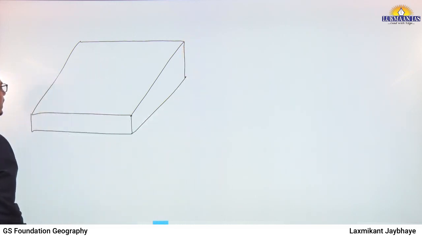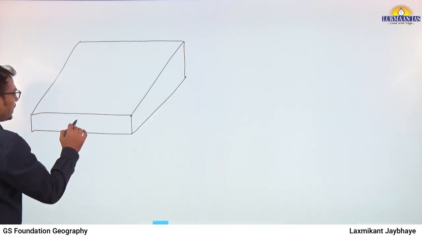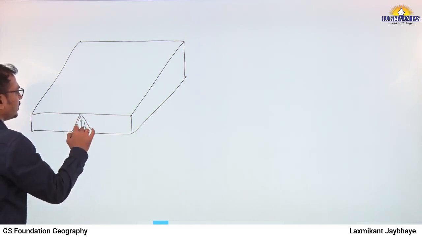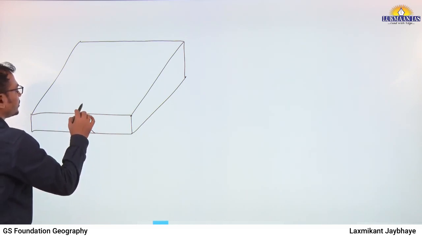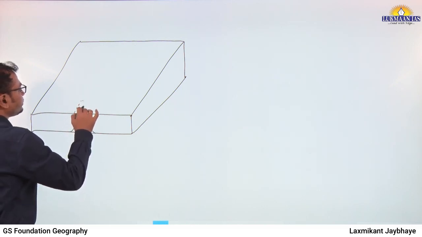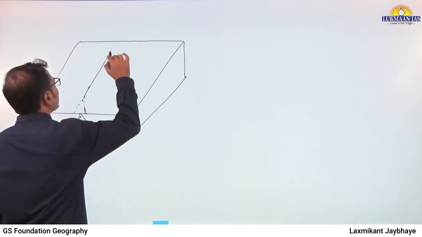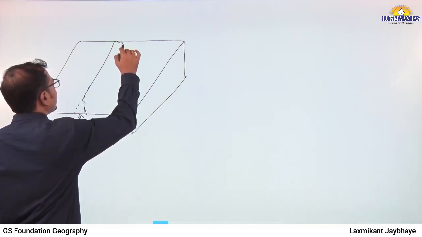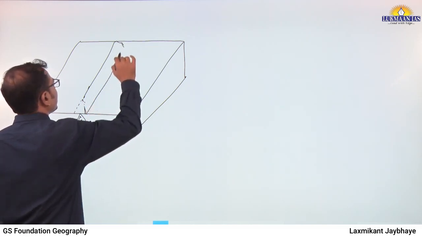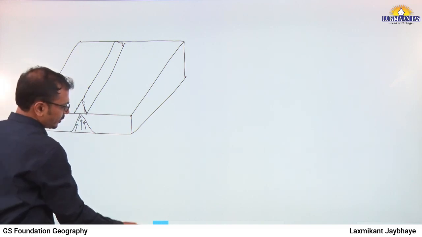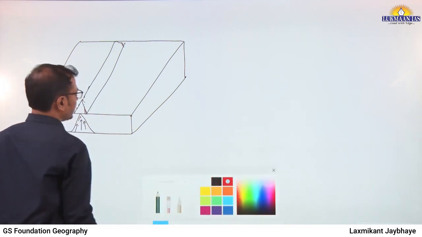Here in the center you can show that magma is coming up, and then there is formation of mountain ranges in this part. You can show this in red color.